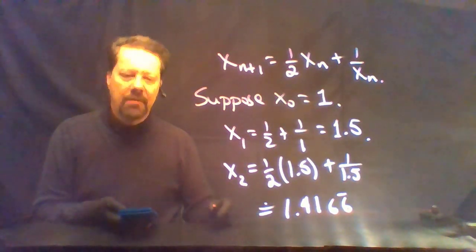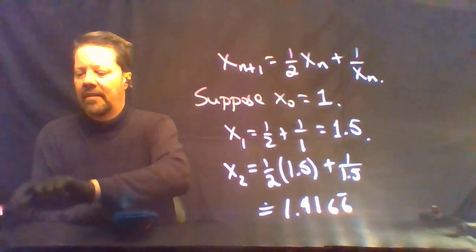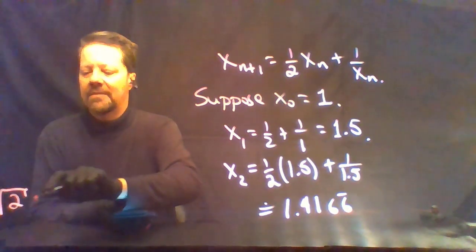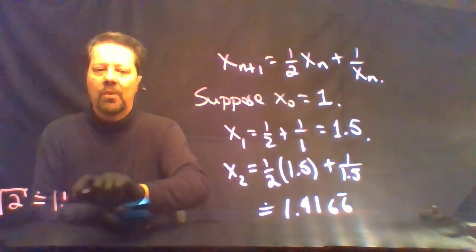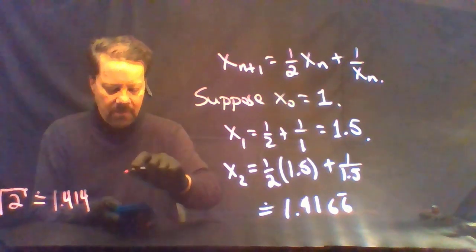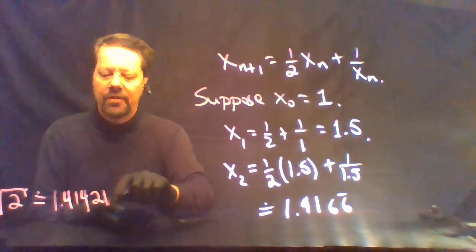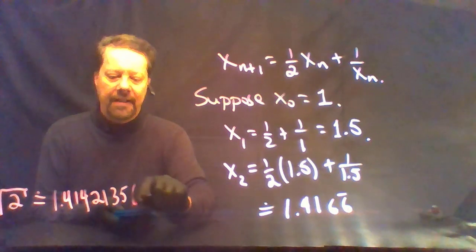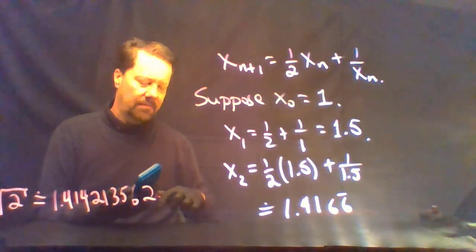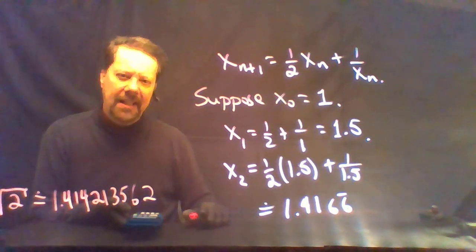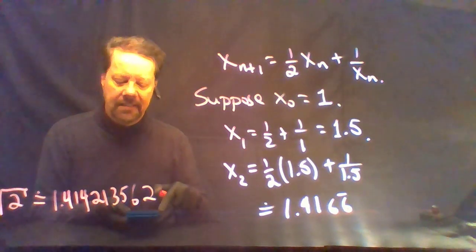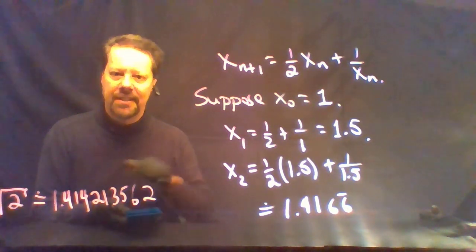Remember, the square root of 2, which is the value that we are approximating, is 1.414213562. How many iterations of the method will it take for me to get all of these digits?